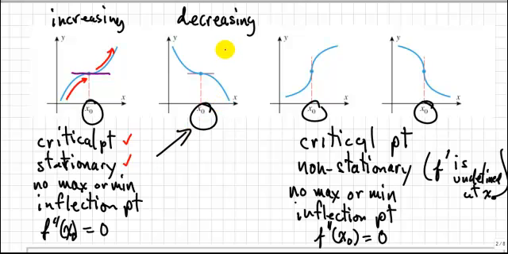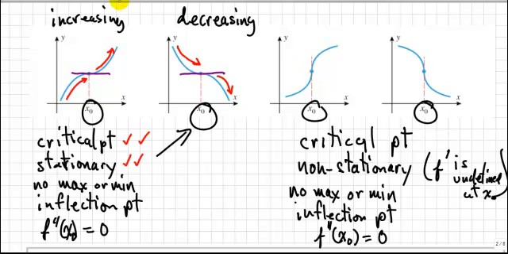For this one, the same thing. It's a critical point. It's stationary, because it's got the horizontal tangent line at x naught. But it's not a relative max or a relative min because it's decreasing up to that point, and it's decreasing after that point. There's no change. So there might be a change of direction, but there's not necessarily going to be a change of direction.